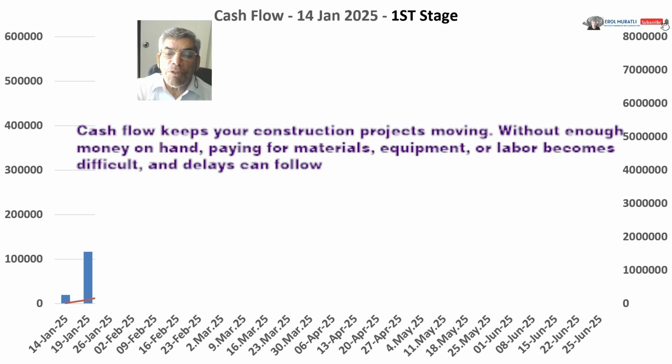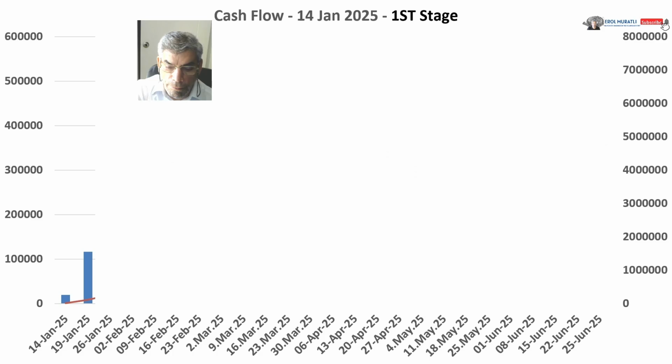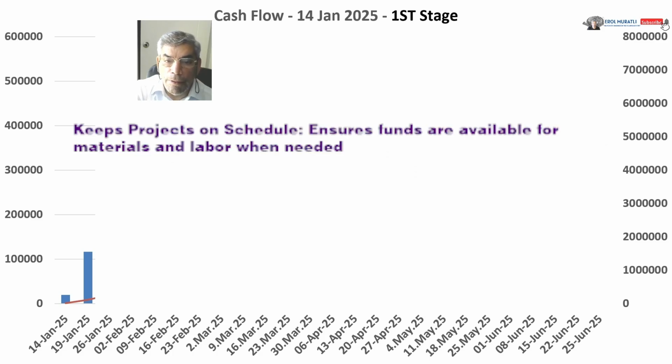Cash flow keeps your construction projects moving. Without enough money on hand, paying for materials, equipment, or labor becomes difficult and delays can follow. It keeps projects on schedule, ensuring funds are available for materials and labor when needed.